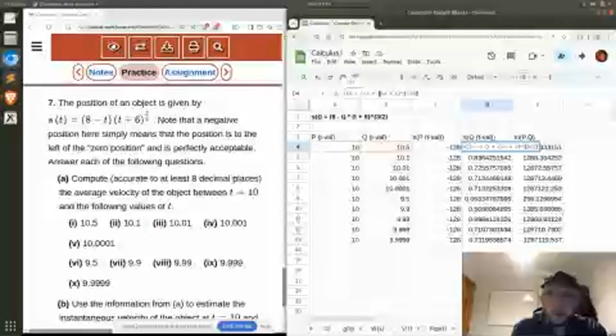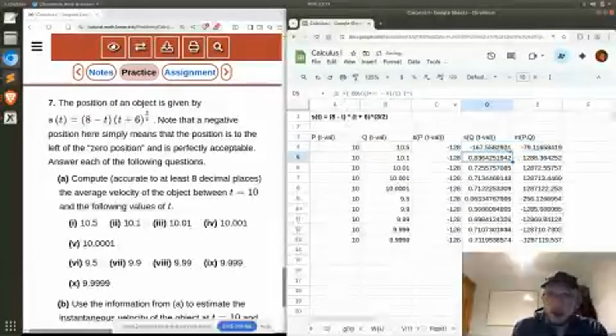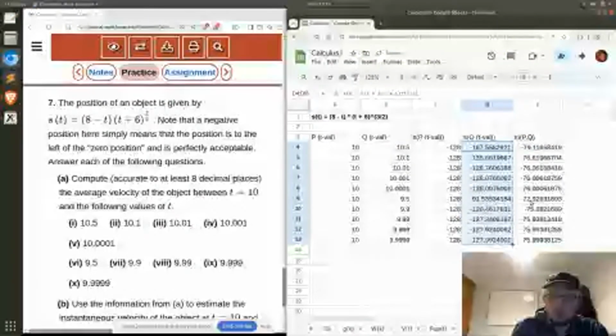This time it's B4, B4, and we'll extend this. So it appears to be approaching 76.